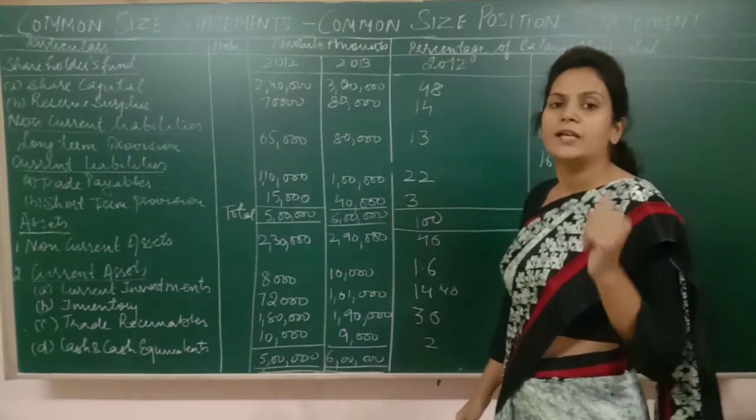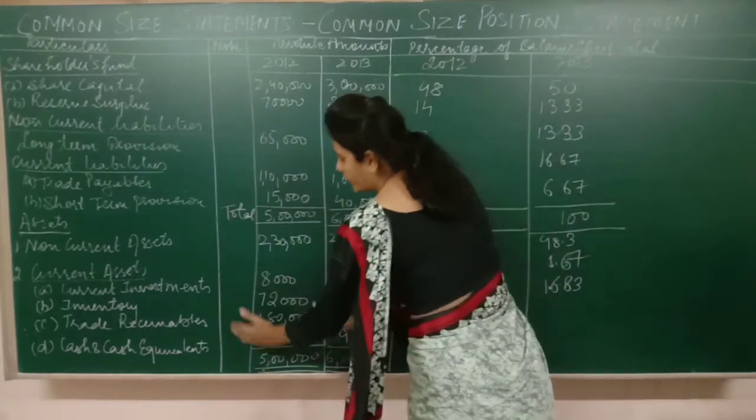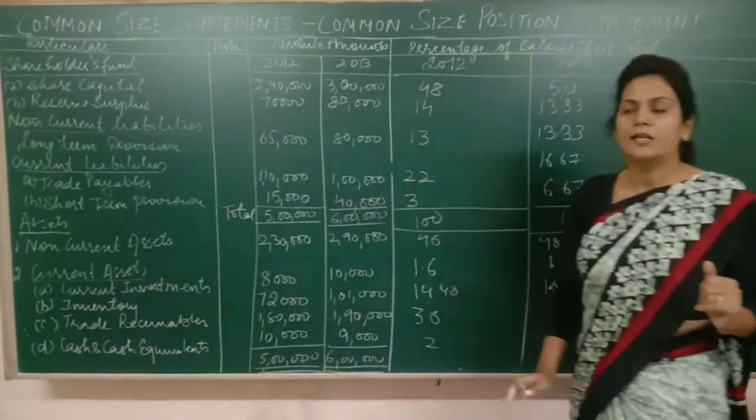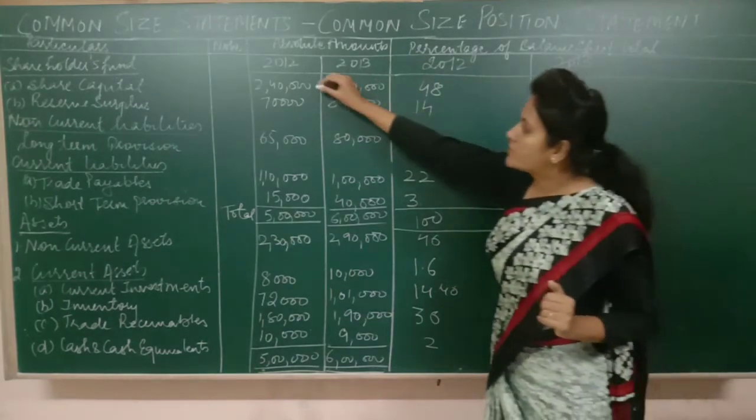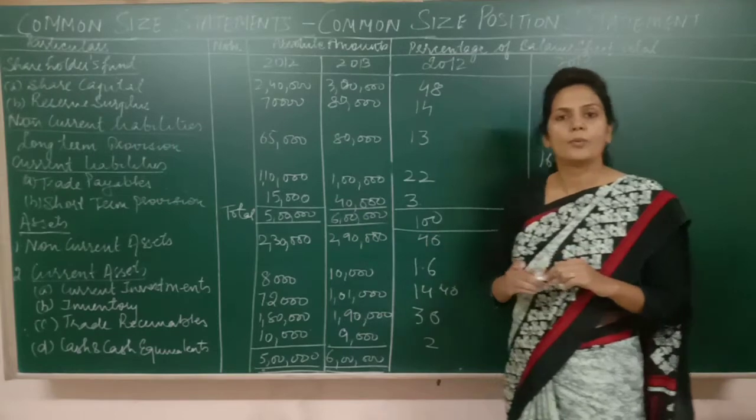So this way only you have to find out the percentages and make common size statements. It is known as vertical analysis because this way we are going to analyze the things, right? That's why. So here you have to express the value of each term into percentage but with respect to a common base.